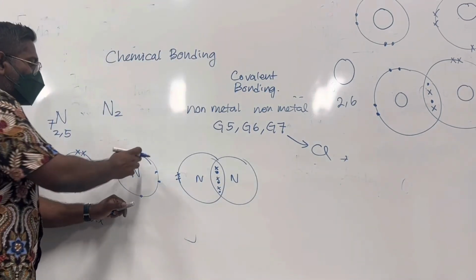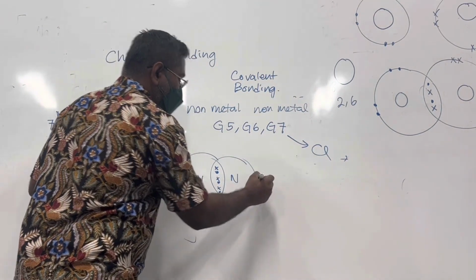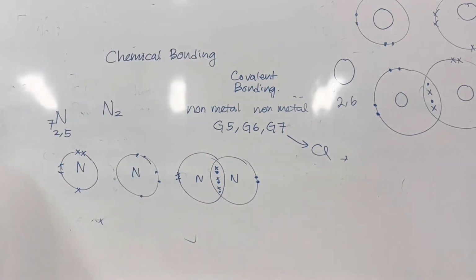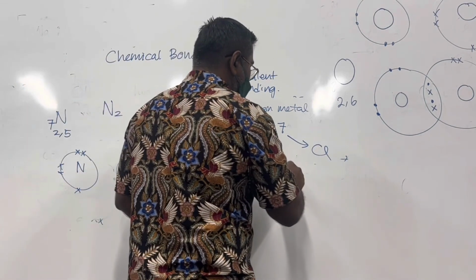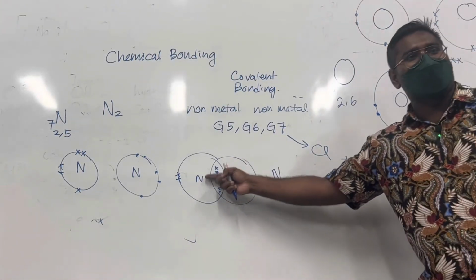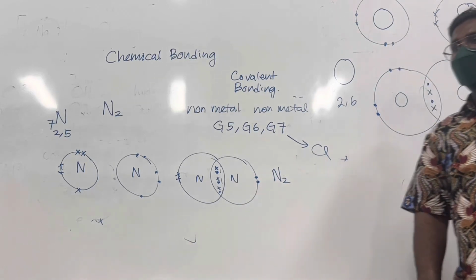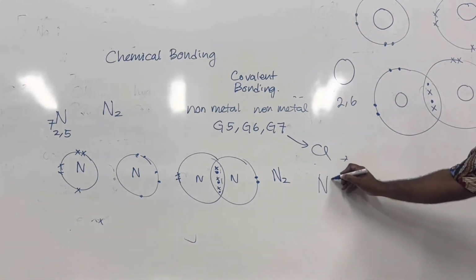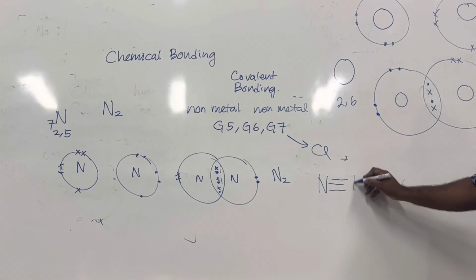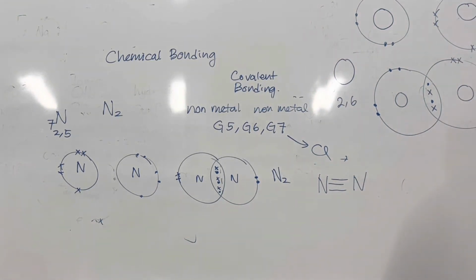And 1, 2, 3 already set aside. There's only 2, so I put over here. Now for nitrogen, because there are going to be 3 pairs of electrons, 1 pair, 2 pair, 3 pair, this is going to be a triple bond. This is called triple covalent bond.